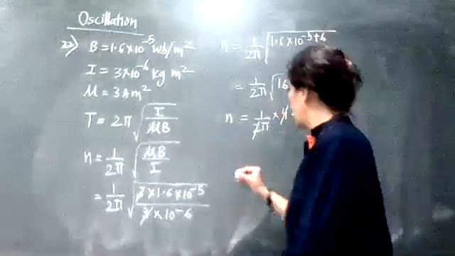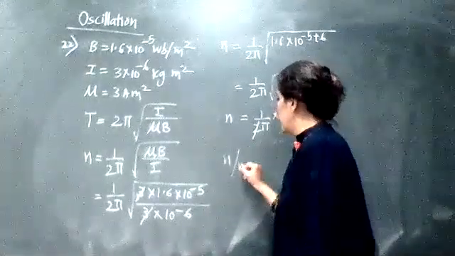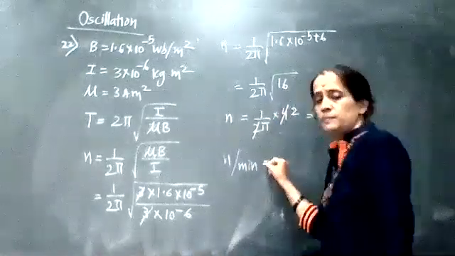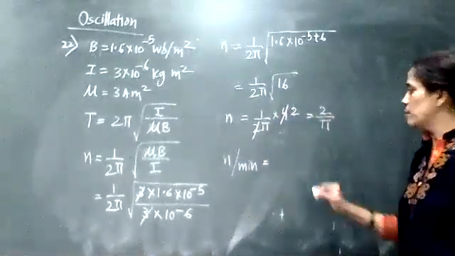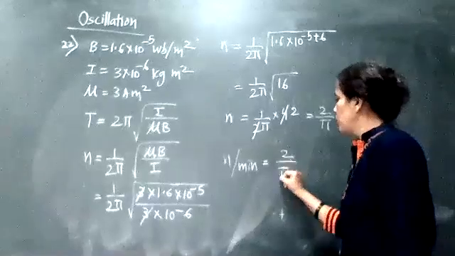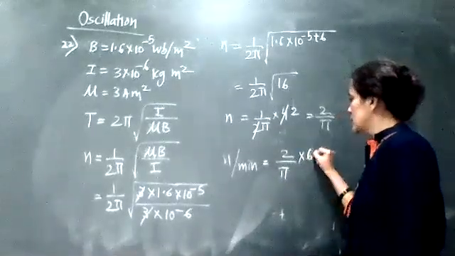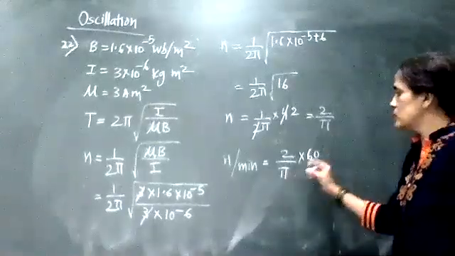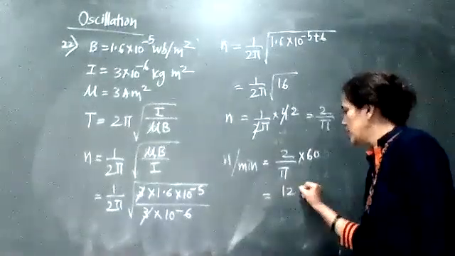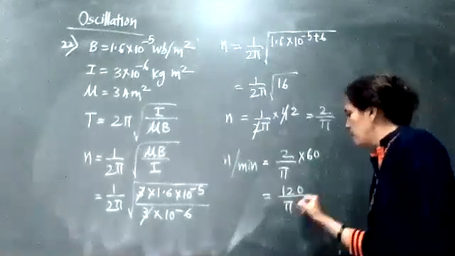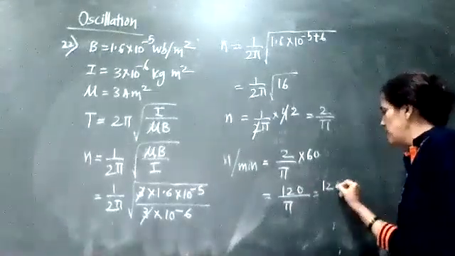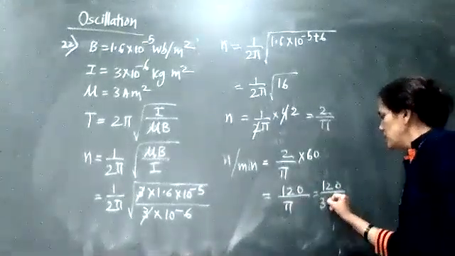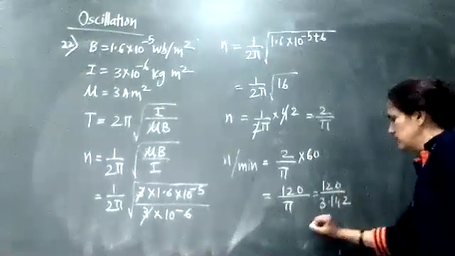Is it right? But now what I want to find out is frequency per minute. Frequency per minute means what I do? 2 upon pi into 60. So 2 into 60 means it will become 120, 120 upon pi. The pi value is nothing but 3.142.